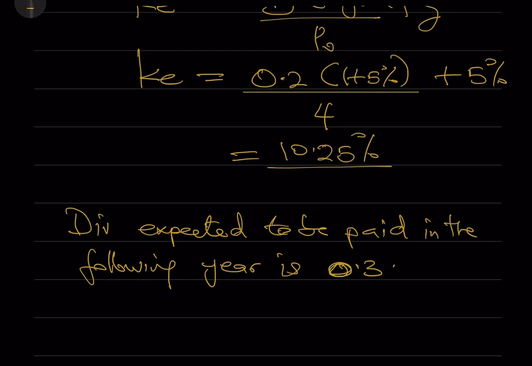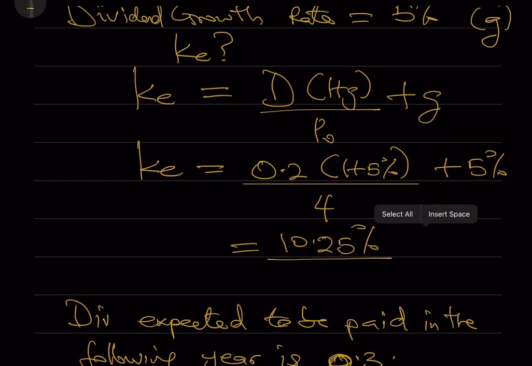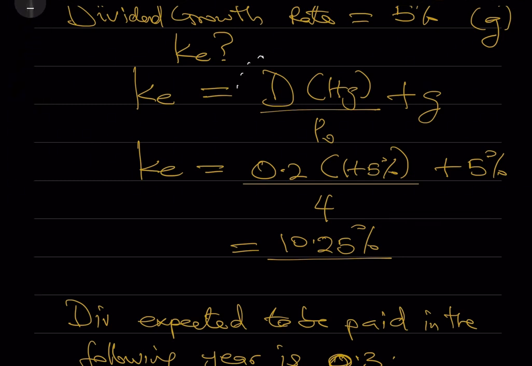If they give you these figures and they don't give you the current dividend, please take note that this numerator, this topmost part of the formula, D into 1 plus G, means that you have grown this dividend by 1 year.